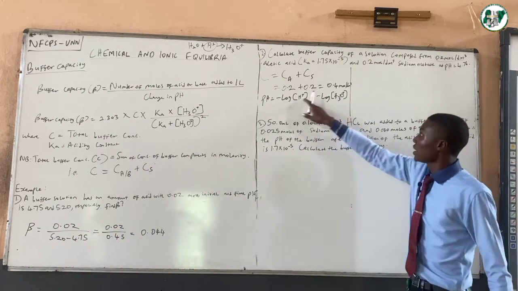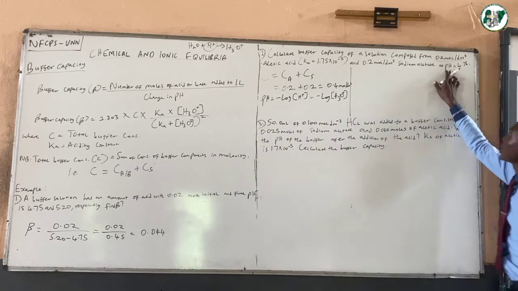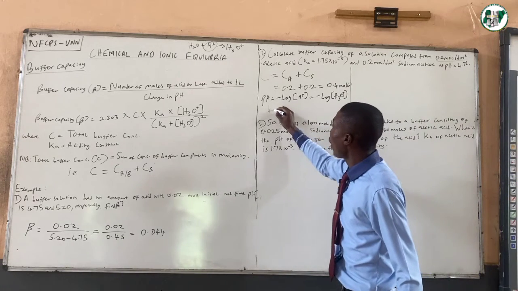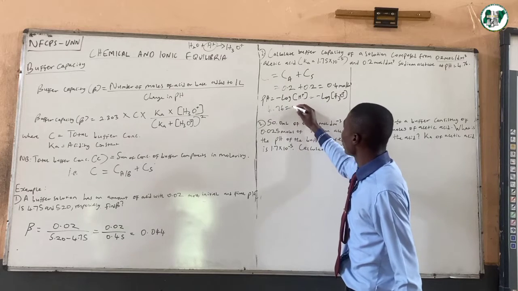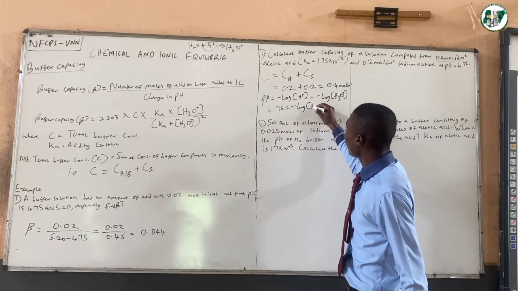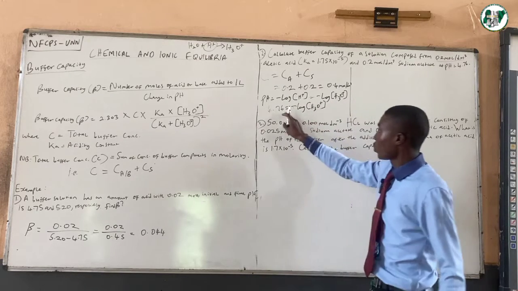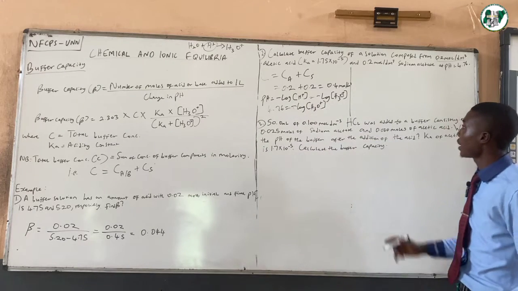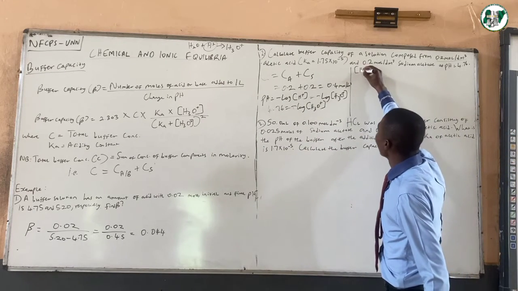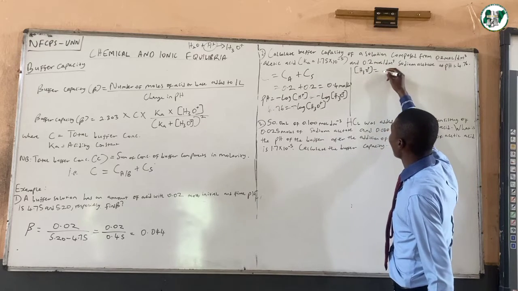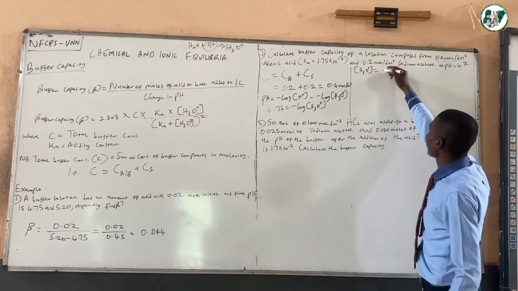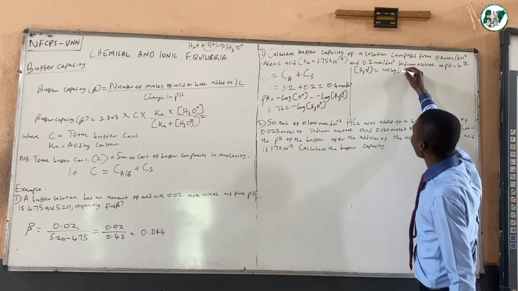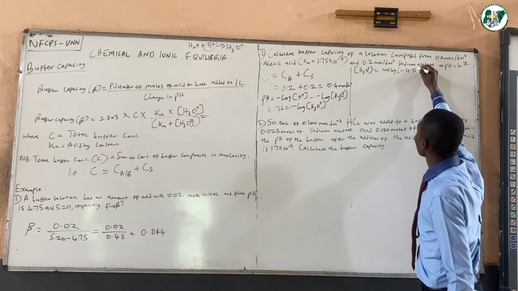So if this is the same thing as this, and we are told that the pH is 4.76, it simply means that 4.76 is equal to the negative logarithm of H3O plus. So can we get the concentration of hydronium ion? We can. Our hydronium ion, H3O plus, is equal to the antilog of minus 4.76.